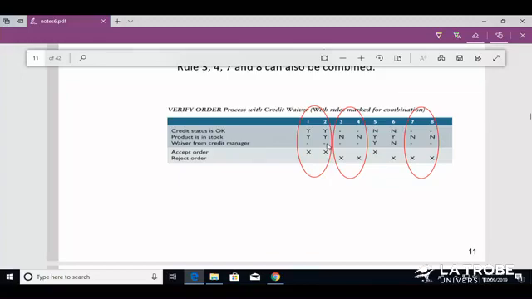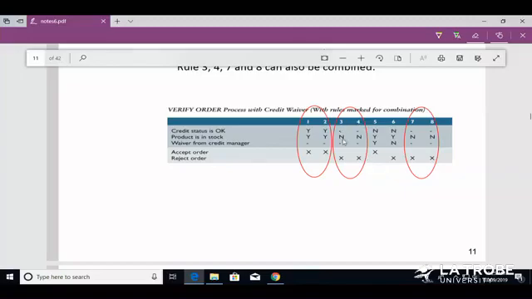That means we're going to consider only the first two conditions because the third condition doesn't affect the outcome of the rules. So we ignore it by replacing that condition with a dash. So we would say credit status is okay, product in stock, yes. Regardless of condition 3, we still have the same output for these two rules.